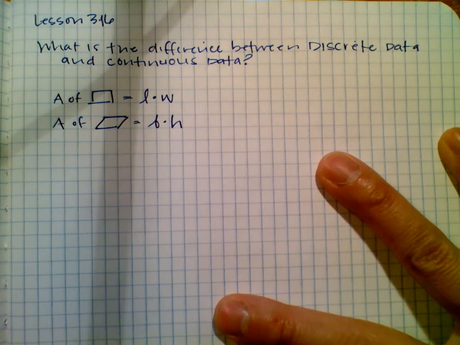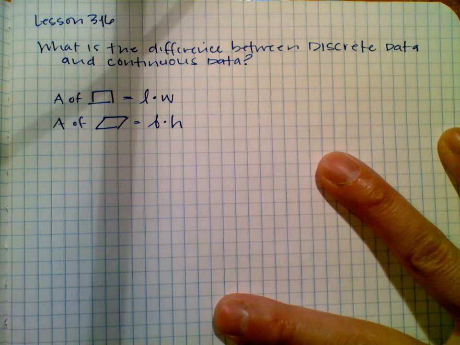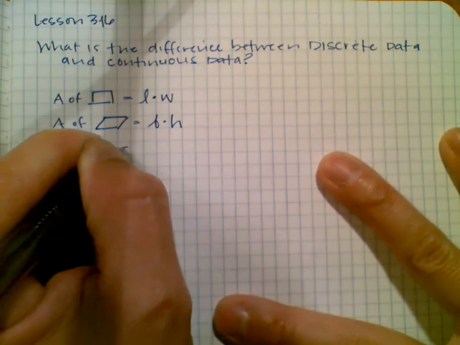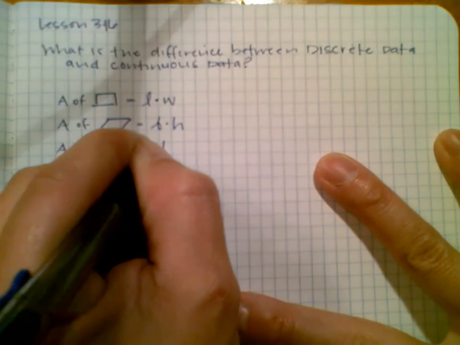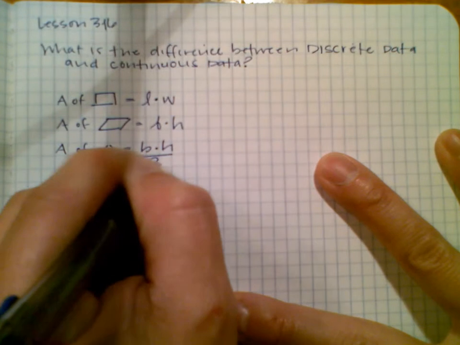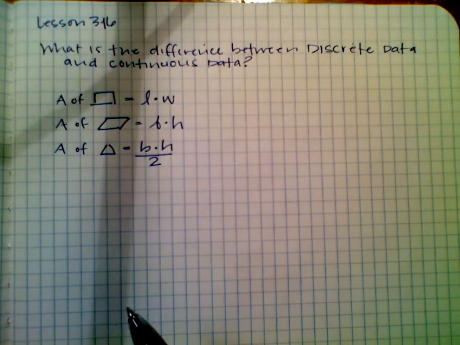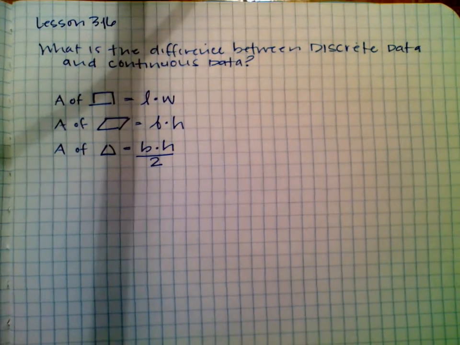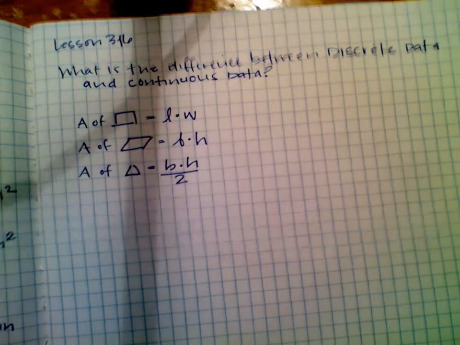Now remember that base times height is essentially length times width. And then the formula for area of a triangle is base times height, all divided by 2. So that's important to remember because that's going to be key to what we're going to be doing with this review.